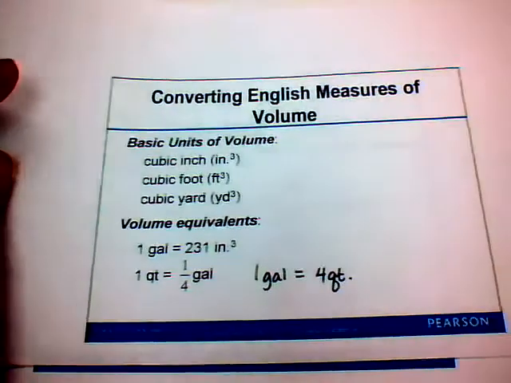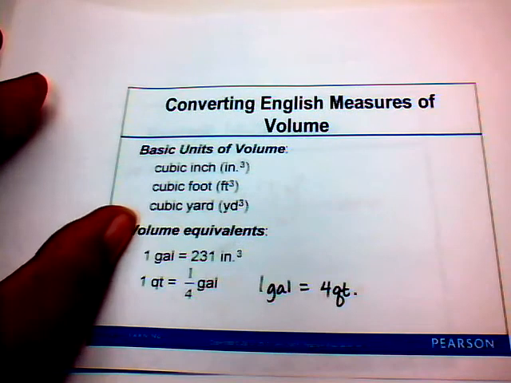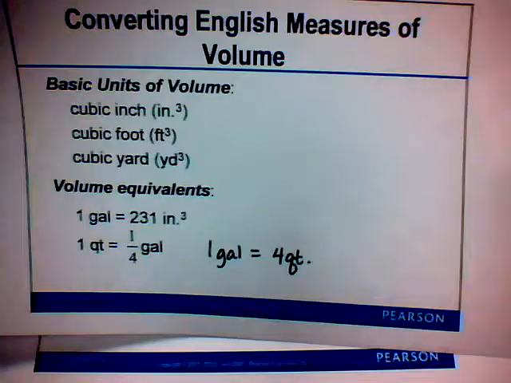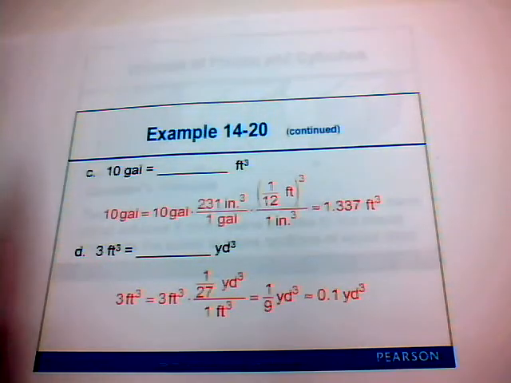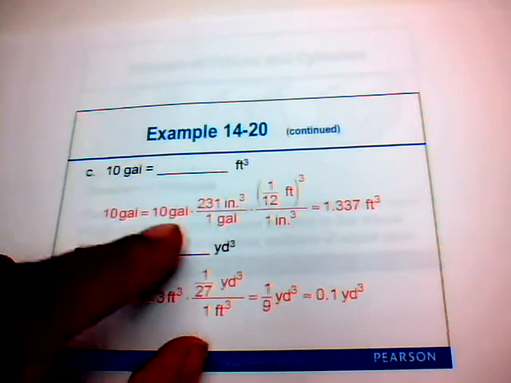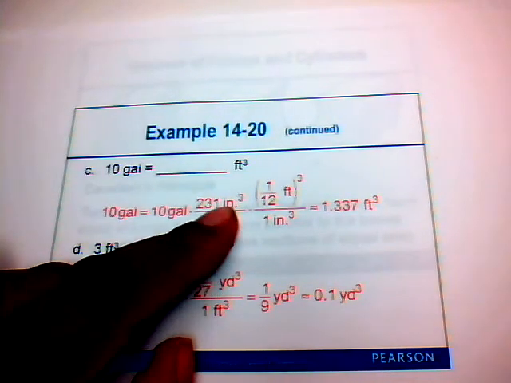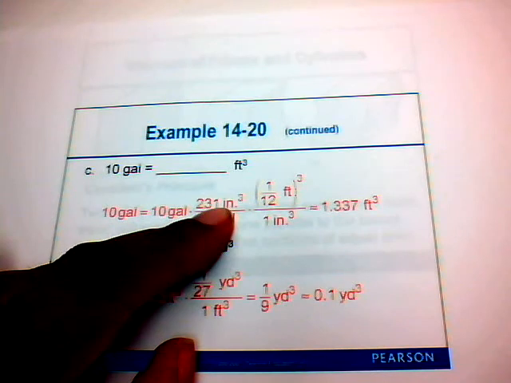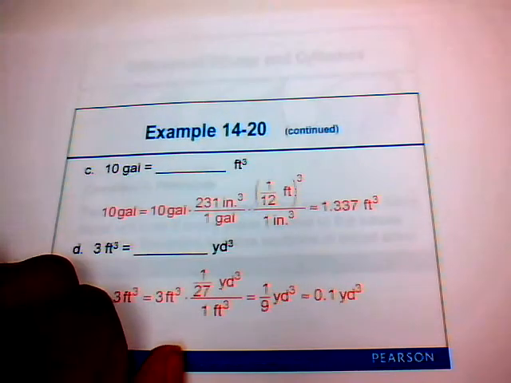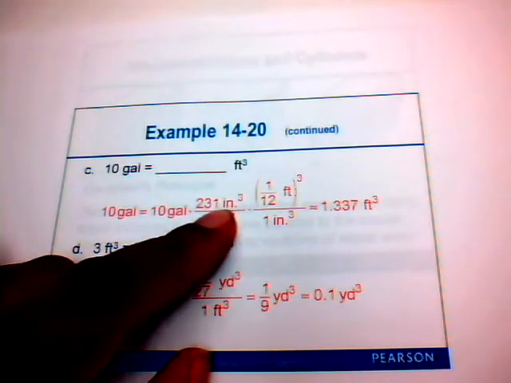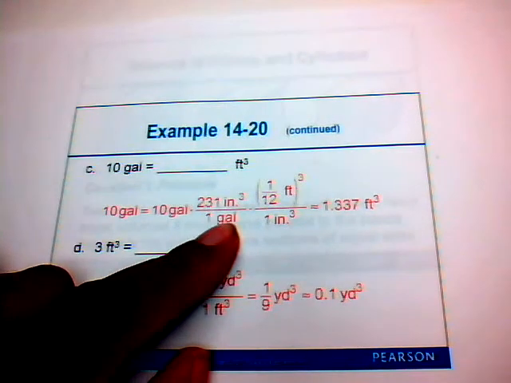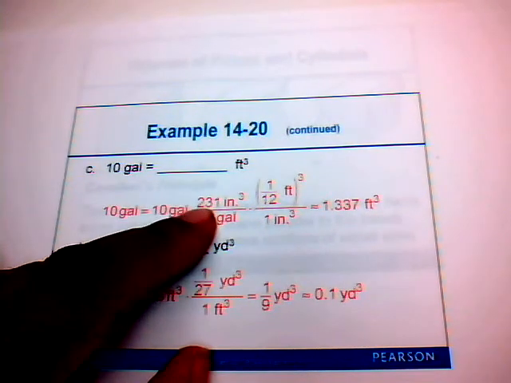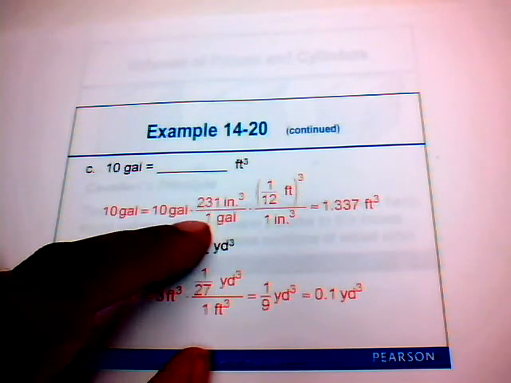Okay, here we go. Yeah, 1 gallon is equal to 231 cubic inches. So let's use that. Okay, we'll convert from gallons to cubic inches. And from cubic inches, we can convert that to cubic feet. So in this case here, the 1 gallon goes in the denominator, and the 231 will go on top.